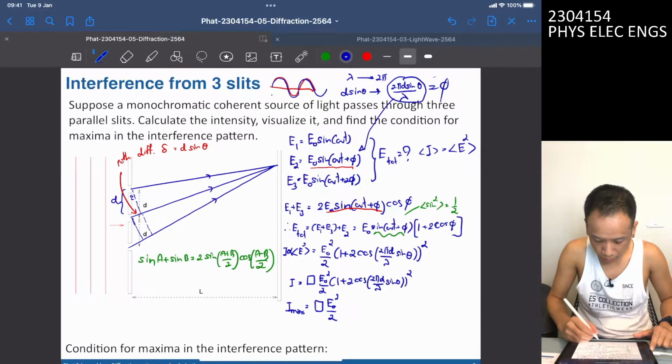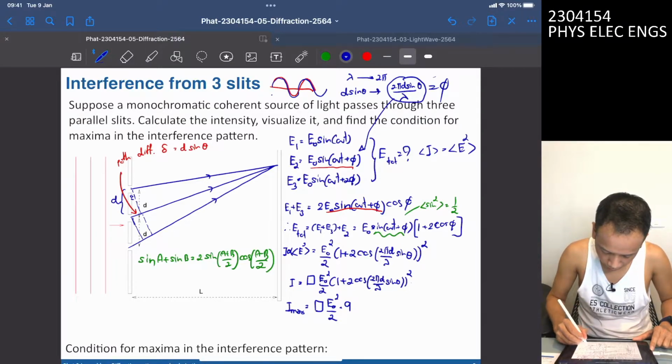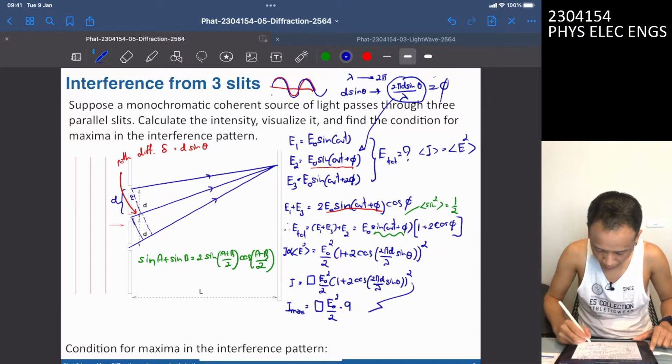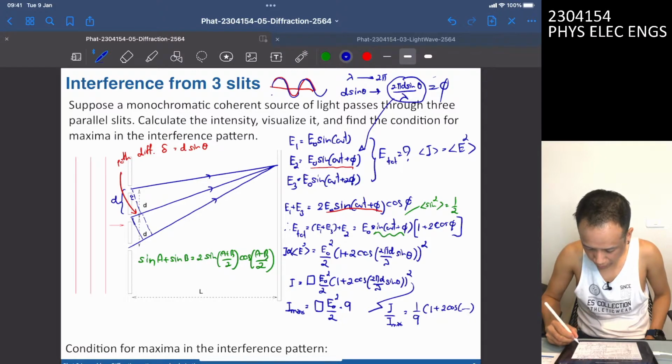So from these two, you're going to get I over I max, which is 1 over 9, and then 1 plus 2 cosine something in the brackets, and then square.